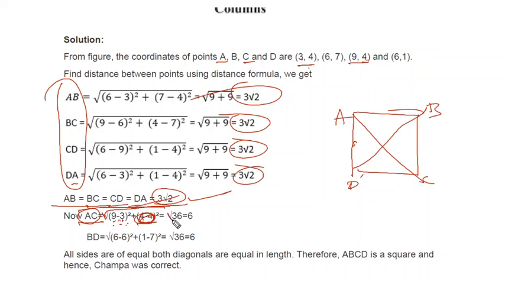So root of 36 is equal to 6. So now AC is equal to 6. Similarly, we will find BD, and BD is also equal to 6.